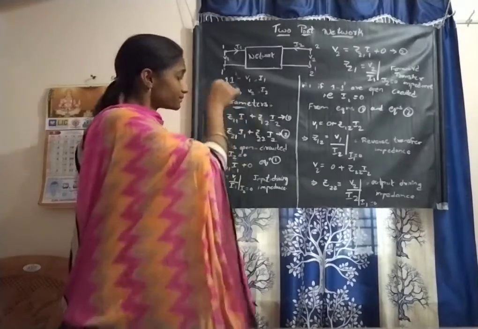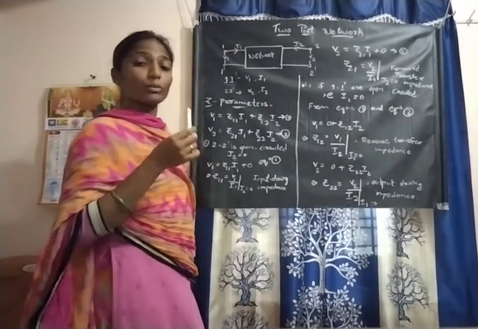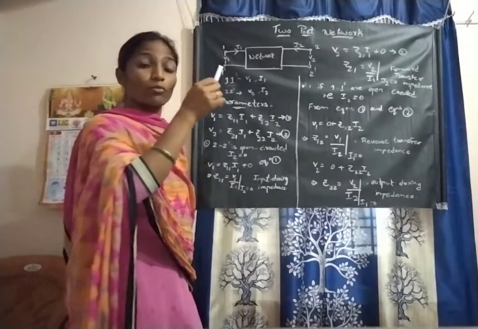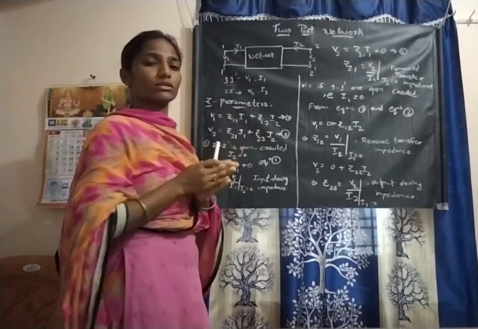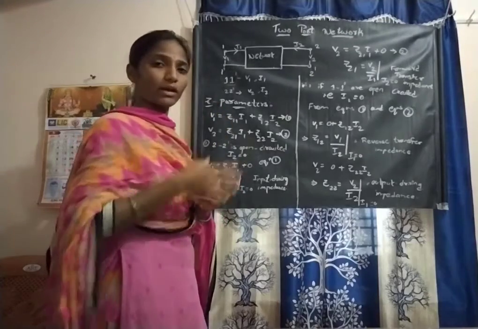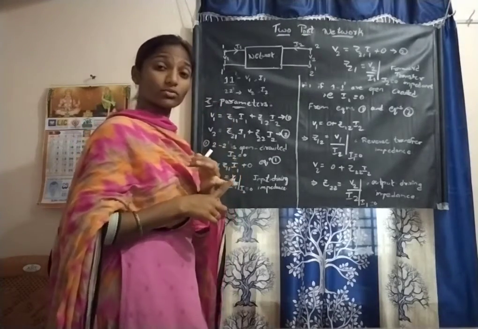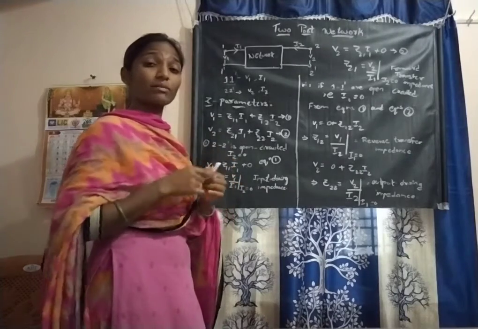Depending upon the two-port network system, where one port acts as input and one port as output, and depending upon the circuits, we calculate different types of parameters: Z parameters, hybrid parameters, Y parameters and ABCD parameters.